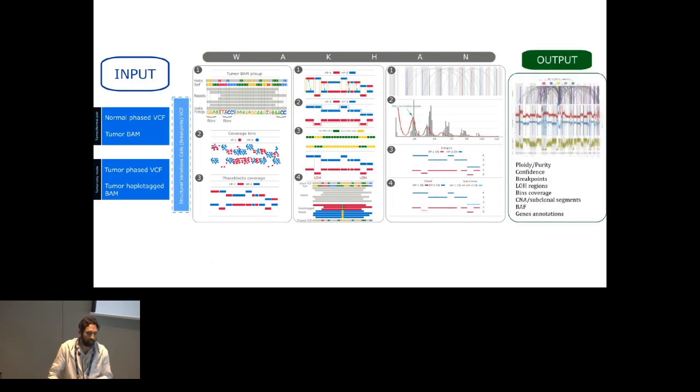It generates BED files, VCF files, as well as some interactive plots with ploidy and purity estimation, and confidence scores of different solutions. It produces different solutions, and based on those, we can give a confidence score, breakpoint information, LOH regions, bin coverage, subclonal and integer copy numbers, BAF, and gene annotation, and so on.